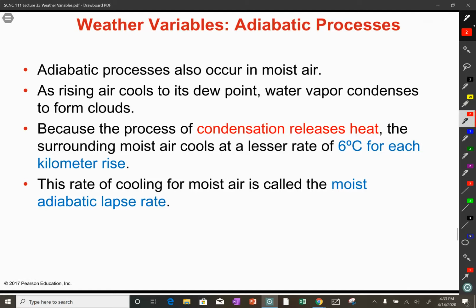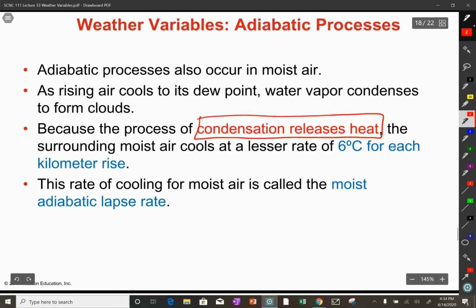Now, we talked about the dry air lapse rate, the dry adiabatic lapse rate. That was if we had air that did not have water droplets in it, and it was about 10 degrees Celsius per kilometer rise. Now, if you have water droplets that form in that air, then we call it moist air. Condensation releases heat. So if you have water condensing, then it's going to raise the temperature.